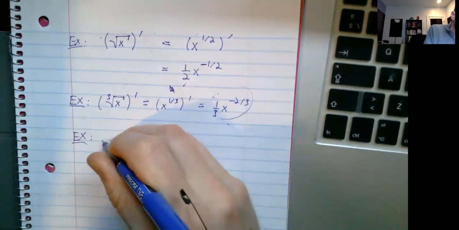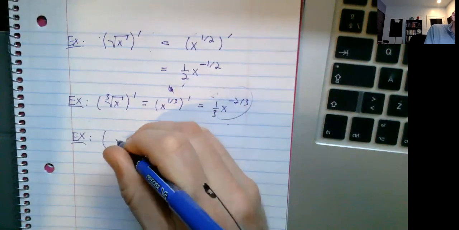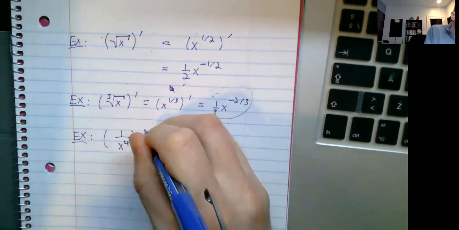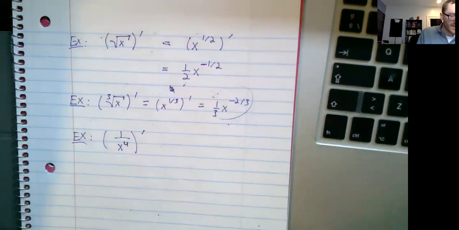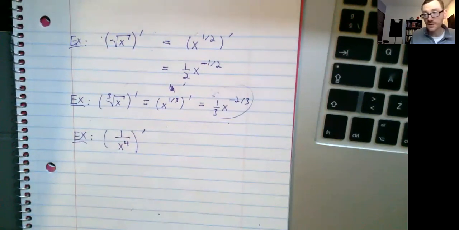Or how about a problem like this? What about the derivative of, say, 1 over x to the 4th? I want to be very clear, you may not simply take the derivative of the top and the bottom of this fraction. That doesn't work. Derivatives don't distribute over division. They don't.